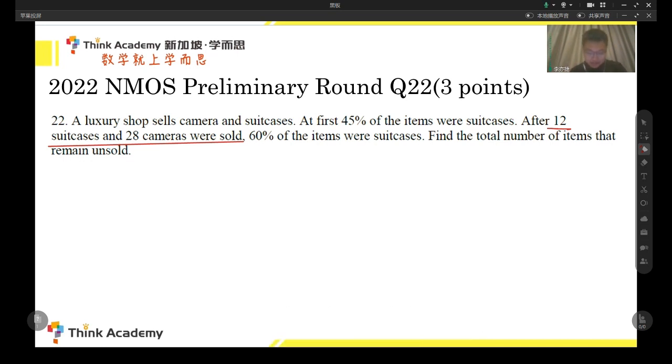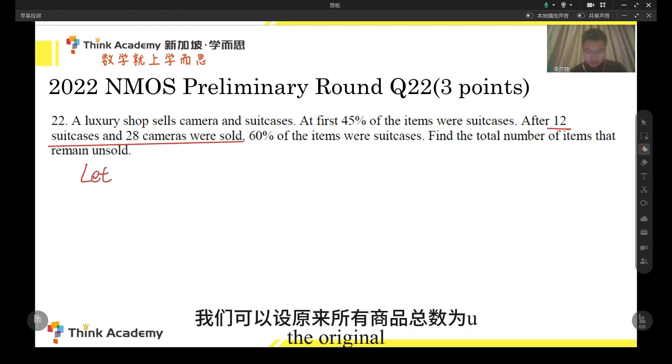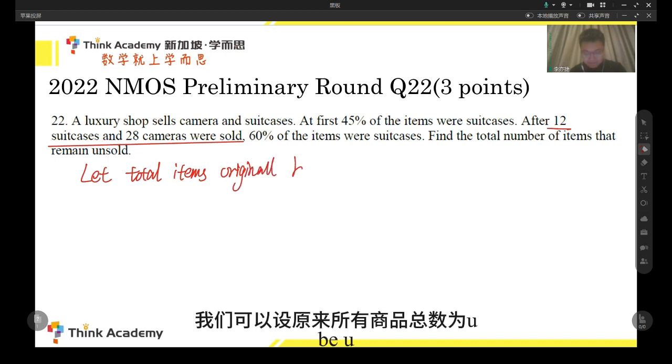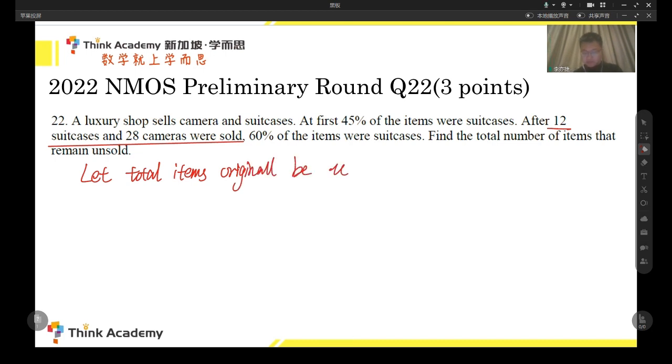So just let the original total items be U. So, this suitcase, this is total, right? So if this will be U, then suitcase would be 45% times U, right?